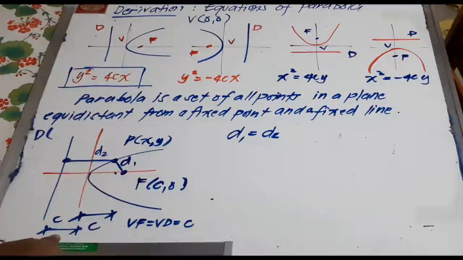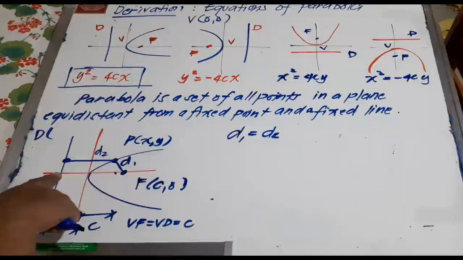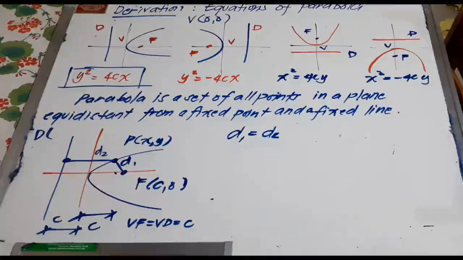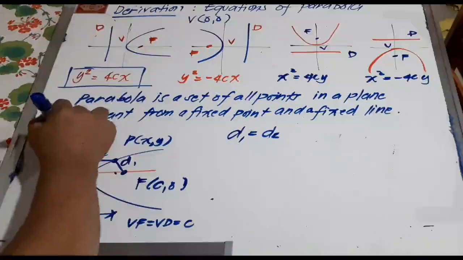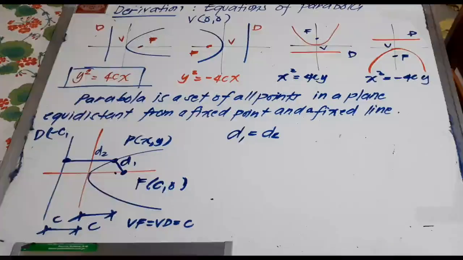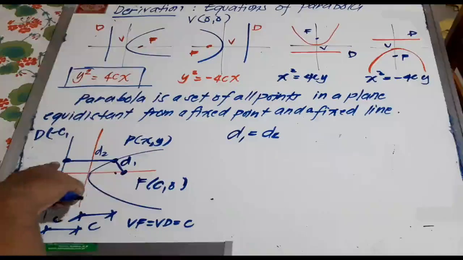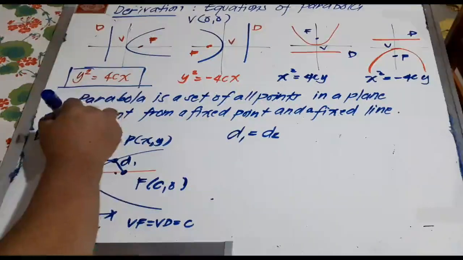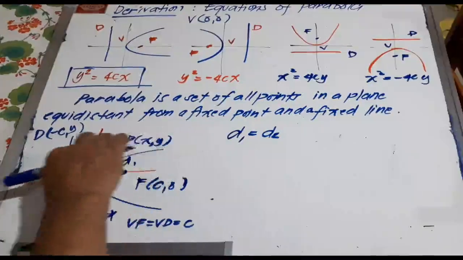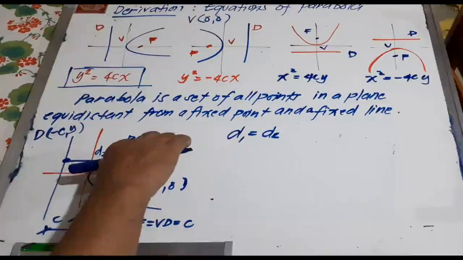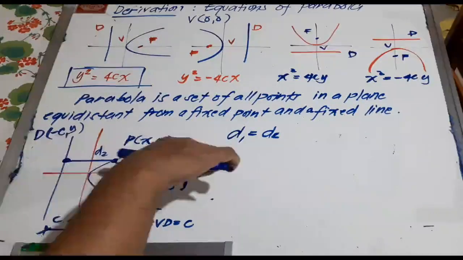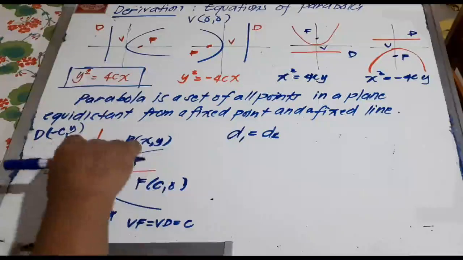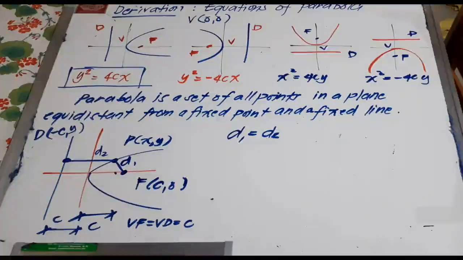So, its horizontal distance is c. But since it is in the second quadrant, we have negative c. Okay? And the vertical distance of this point is equal to y. Why? Because they are parallel, along the x-axis, so they have the same vertical distance. Okay? Negative c, y.